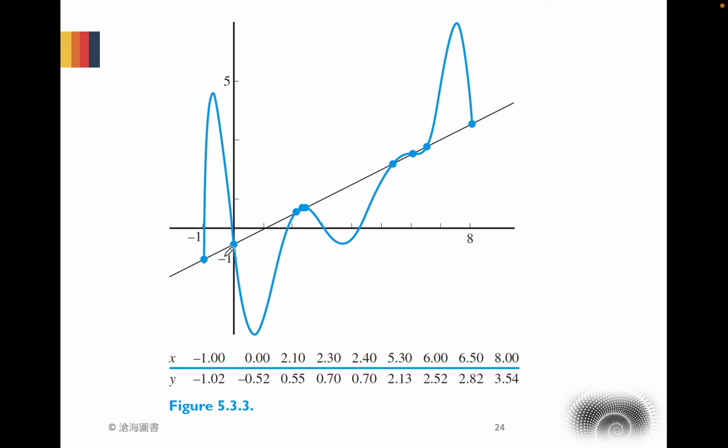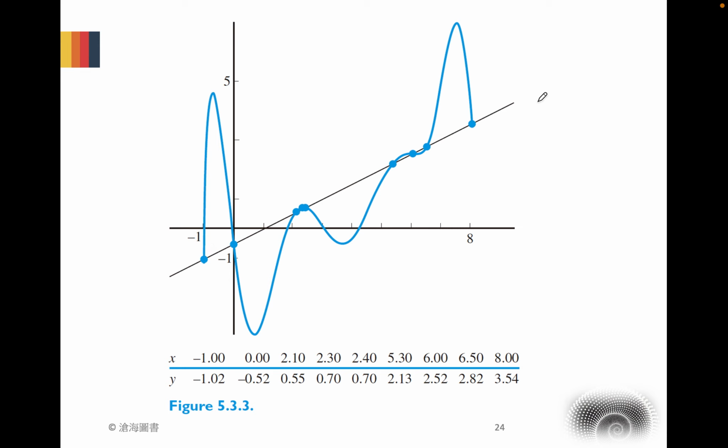And at each time, there is slight measurement error. So in fact, these 9 data points are not exactly on a straight line.